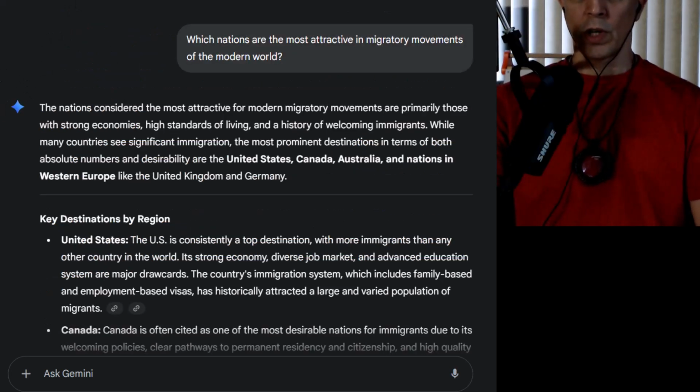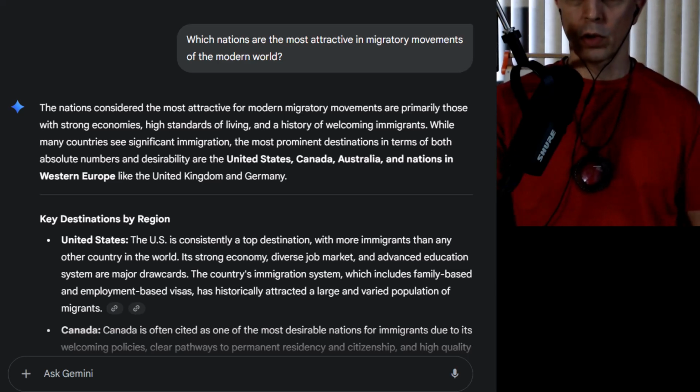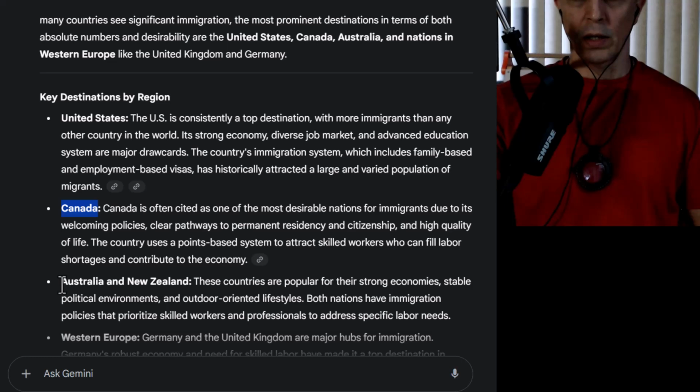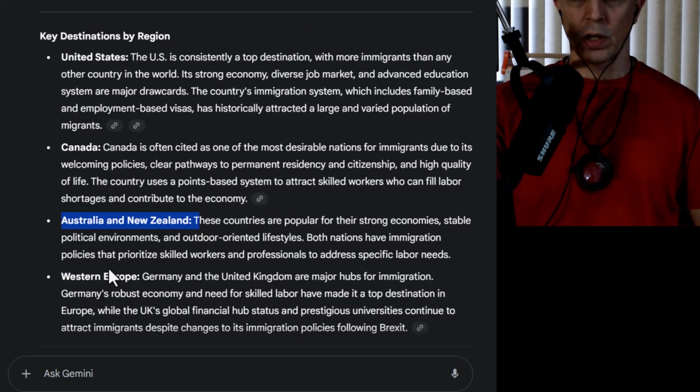Which nations are the most attractive in migratory movements of the modern world? And I asked this question to show the evidence of which nations, when people in their own failed cultures, or cultures that aren't as attractive, when those cultures fail them, they go running and screaming into the open arms of the United States, Canada, Australia and New Zealand, Western Europe.